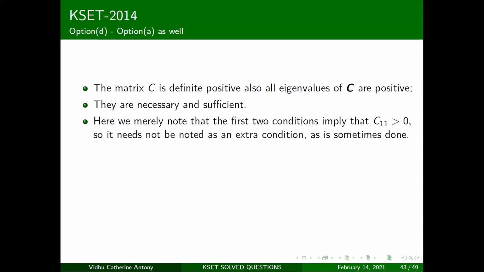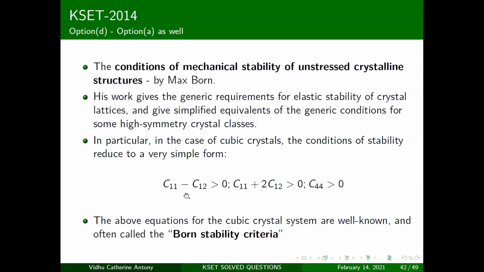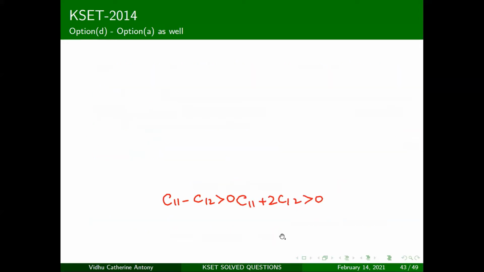Now, just to pick around this whole thing a little bit, let's go back. You had seen that C11 minus C12 is greater than 0, and C11 plus 2C12 is greater than 0. So what you do now is add these two inequalities up.